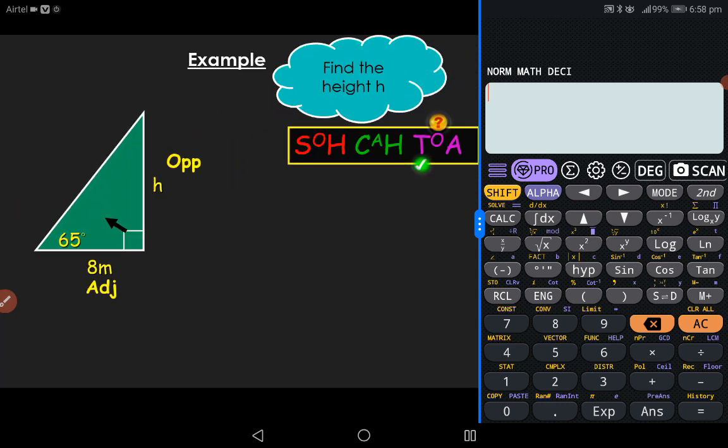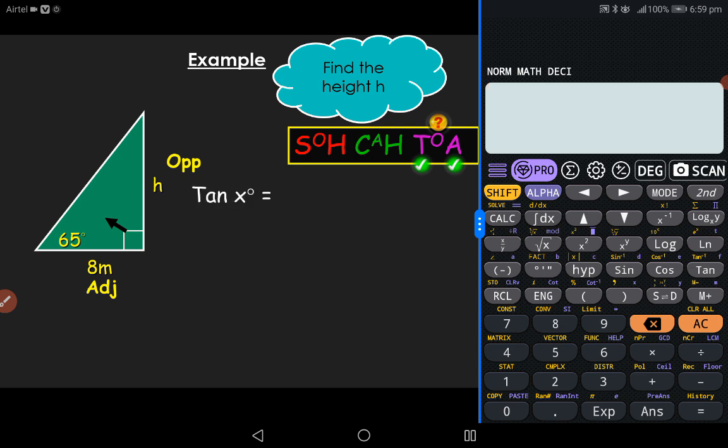We don't know the opposite side, but the adjacent side is known. The angle is known, but the opposite side is not known.